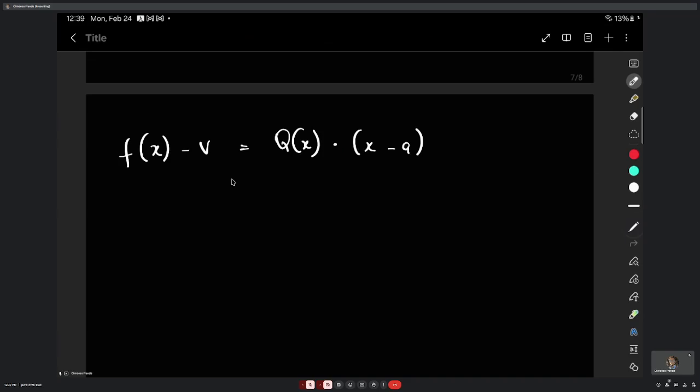When we get v and subtract it from the polynomial, we get a new polynomial that, when we divide by the factors, we are going to get a 0.